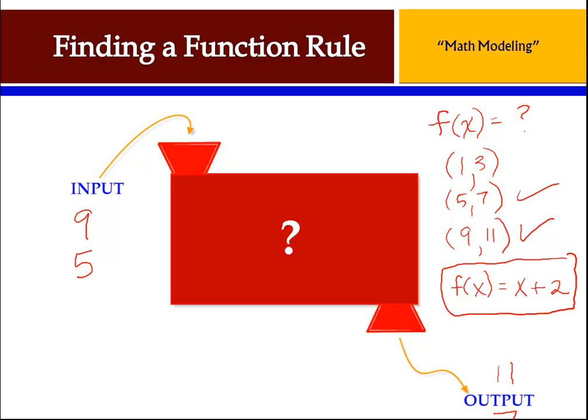Not a complicated function. We will learn how to find these function rules. It's one of the most useful things of mathematics that there is, and that is to be able to take a set of input data and output data, look at the relationship between them, and come up with that rule of what happened to the data. And you'll actually see one that's fairly complicated here in just a few minutes.